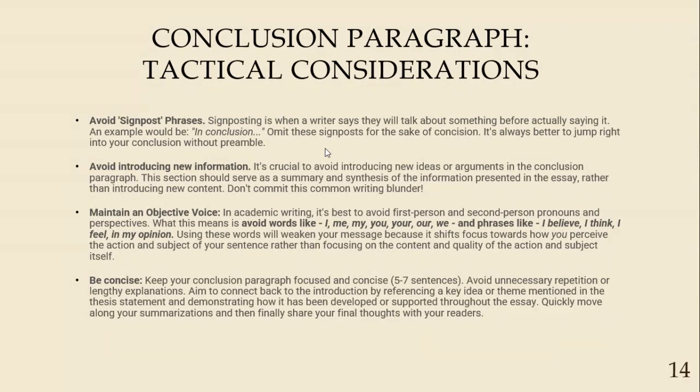And you'll be surprised. If you write a sentence that begins with I believe, I think, I feel, and you go back and you just omit the I believe that part, if you just cut that out, the meaning of your sentence will not change at all.